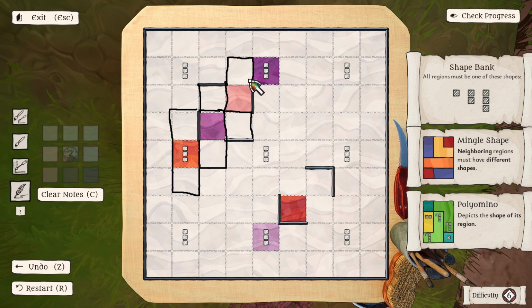Now this 3 got pushed by that 2, which means it would have to do this. And we are building up a pattern here. This 3 would have to do that.